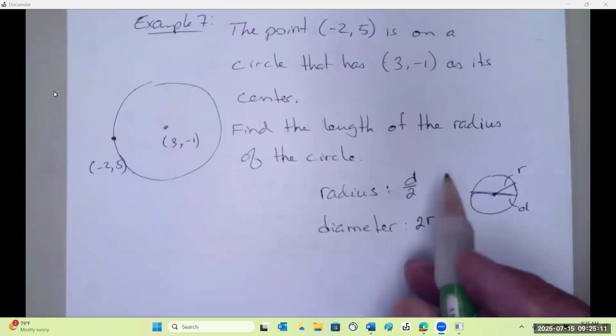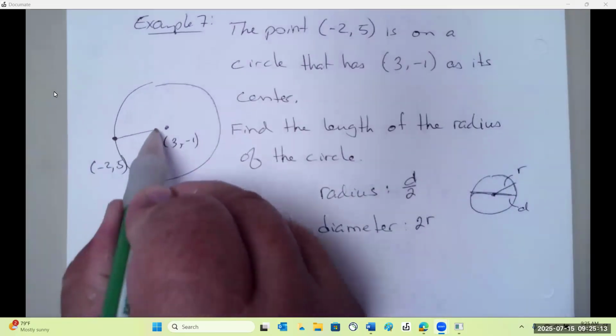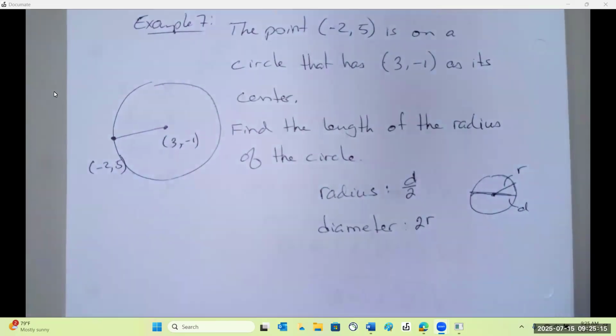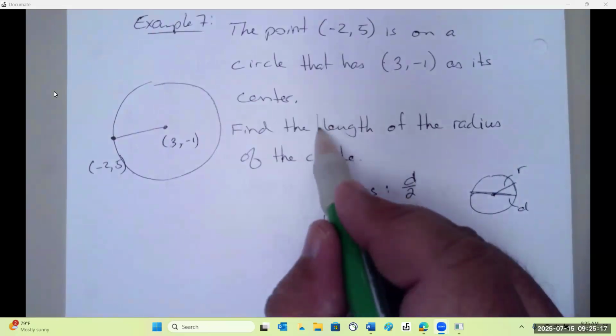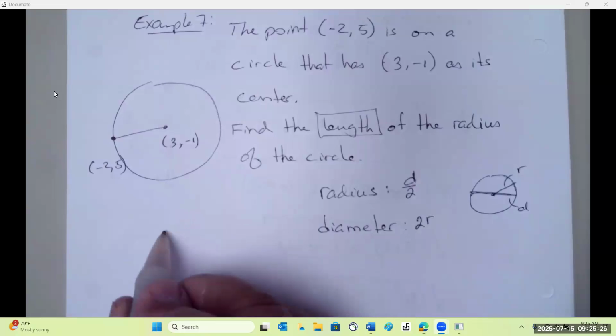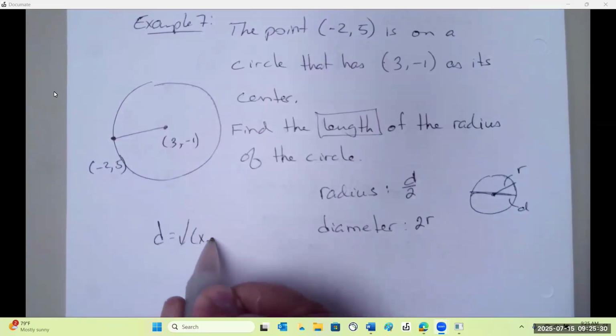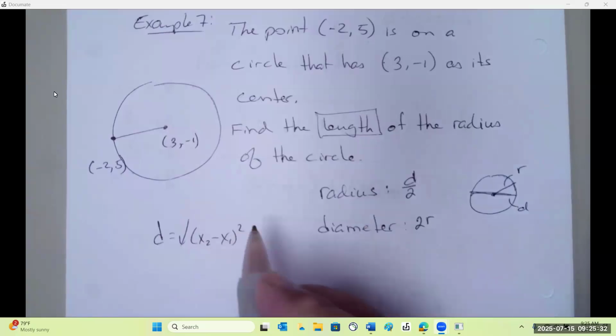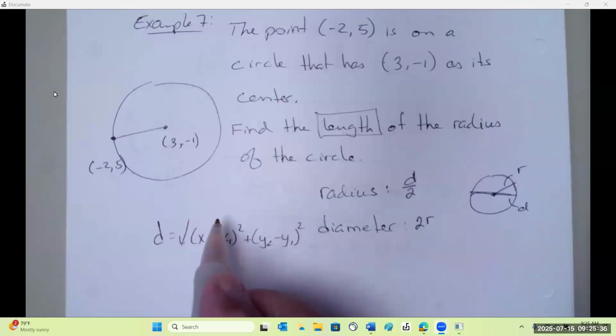So what we're looking for is the radius. We're looking for this here. It's the length. What's another word for length? Distance. In this context, it is distance. So this is a distance problem. x2 minus x1 squared plus y2 minus y1 squared.